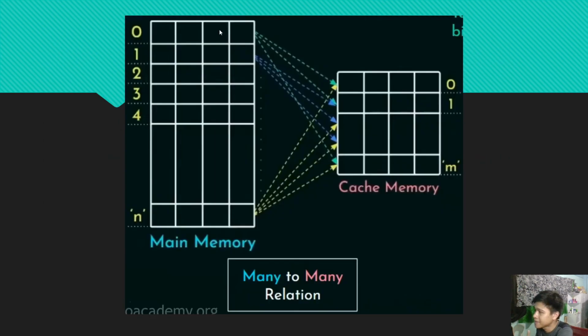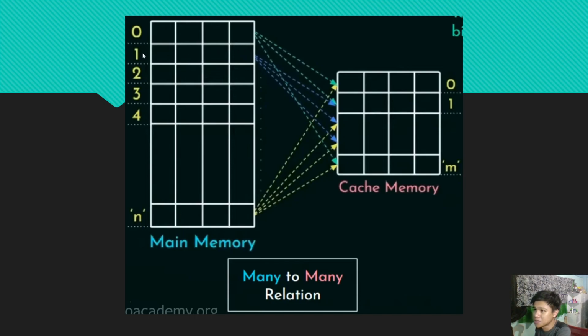In direct mapping, we have a specific line where we can put our data, but here we can actually choose from this main memory. We can put that one in block 0, or in block 1, or even up to the last one. You can place it anywhere, literally.